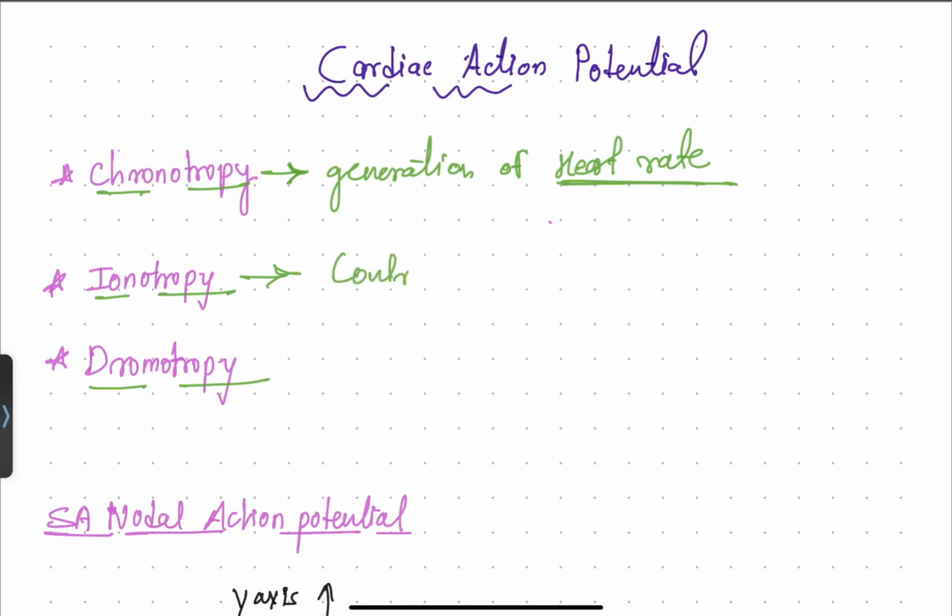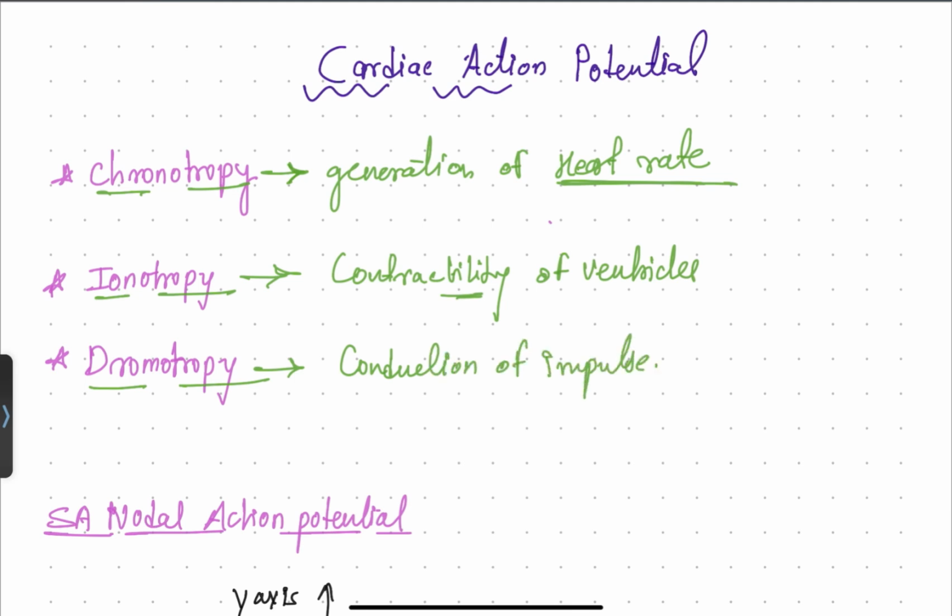Inotropy is the term used for the contractility of the ventricles. Then we have dromotropy. Dromotropy is the conduction of the impulse. So chronotropy, inotropy and dromotropy.